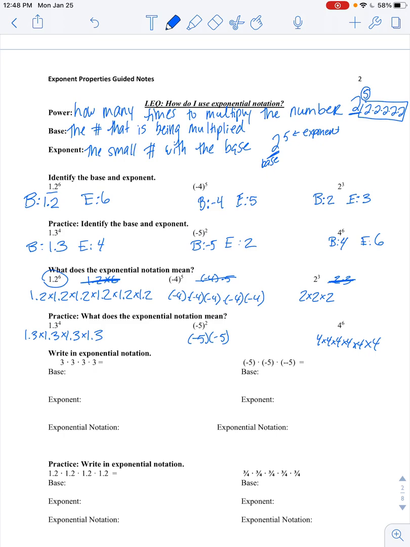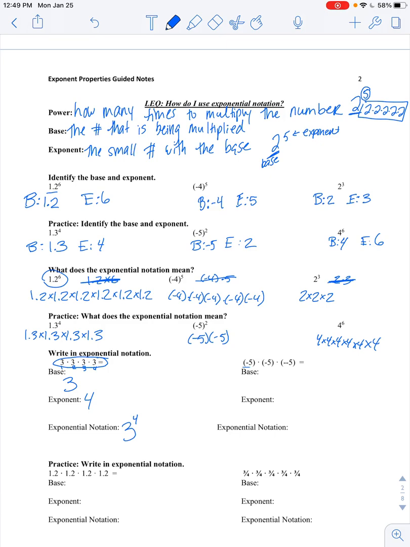Next part says write in exponential notation. So I'm taking 3 times 3 times 3 times 3 and writing it in exponential notation. The base is the number that is being multiplied, so it is 3. Your exponent is how many times that number is being multiplied? 4 times. So we're going to write that as 3 with a power of 4.